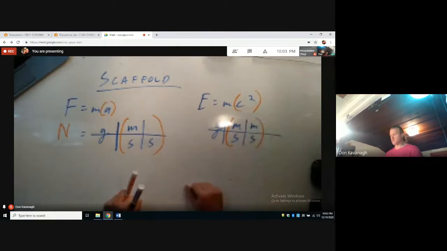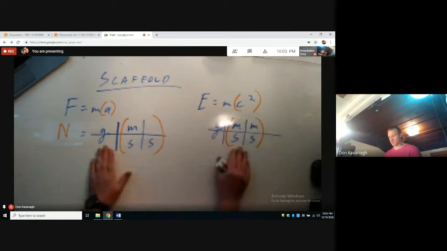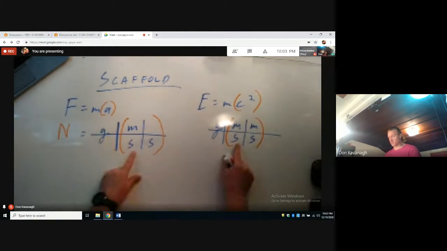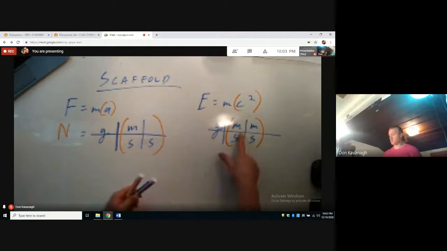We can see that these are not the same newtons. These are not the same units. They're pretty similar in the denominator, but they are different in the numerator. This can be abbreviated down to grams meters squared divided by second squared. This is grams times meters divided by second squared.